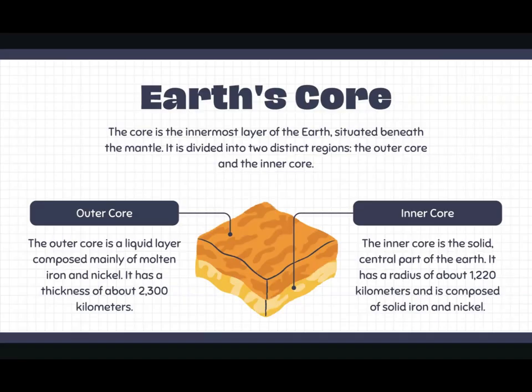Next is the very inner part of the core, the central part of the Earth, and it is composed of solid iron and nickel. So you guys can think of it as a solid metal ball. That's the inner core, and the outer core on the outside of it is flowing liquid.